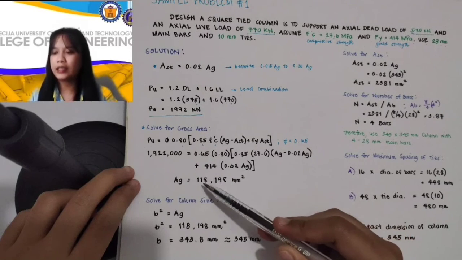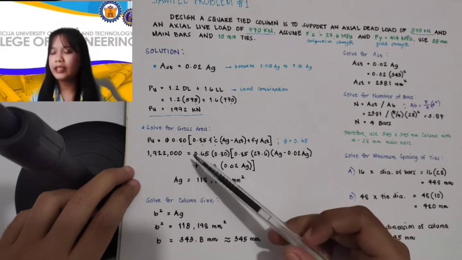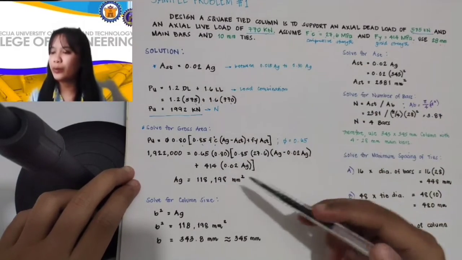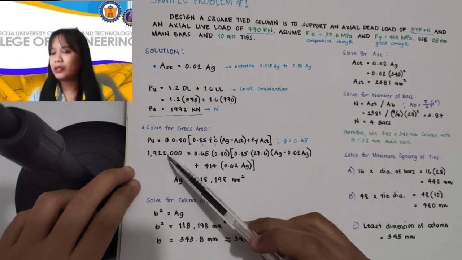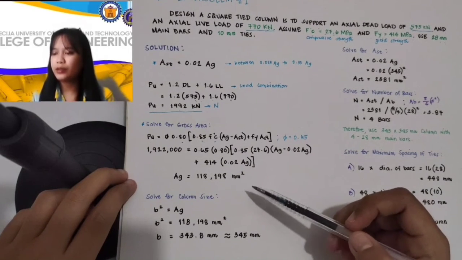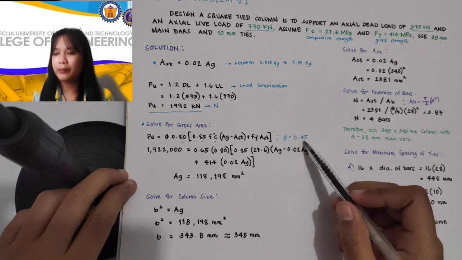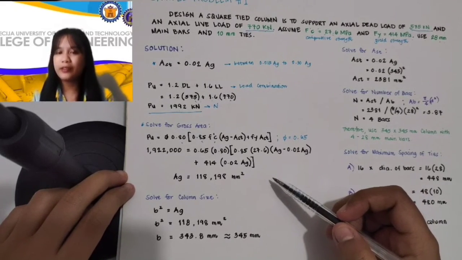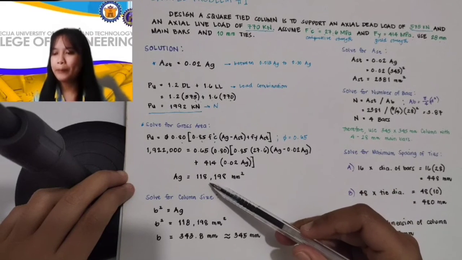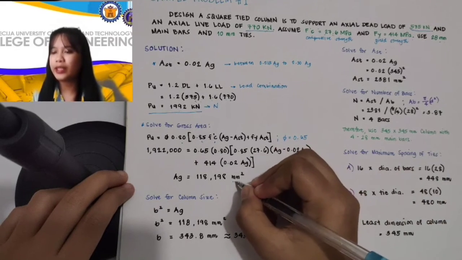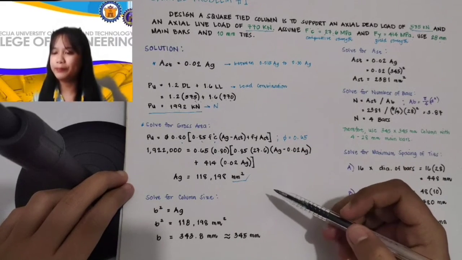We converted 1,922 kilonewton into newton, so it became 1,922,000 newton. And the value of the resistance factor based on the NSCP 2015 is 0.65. So we get the value of the gross area. Ag is equal to 118,198 millimeters squared.